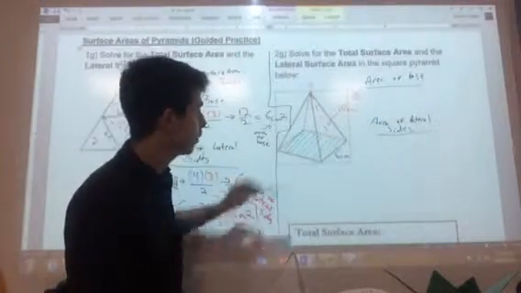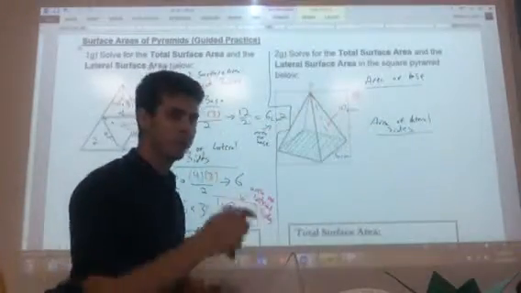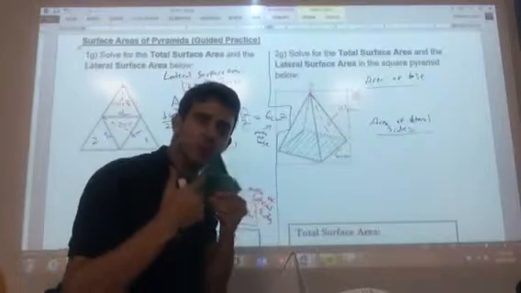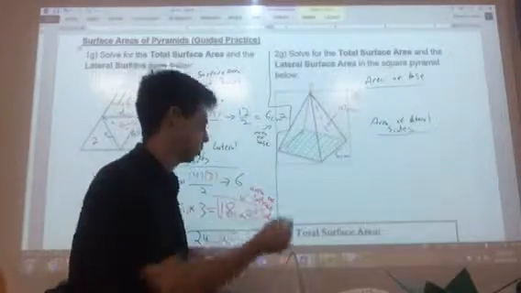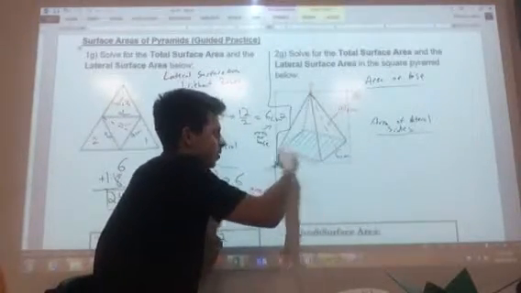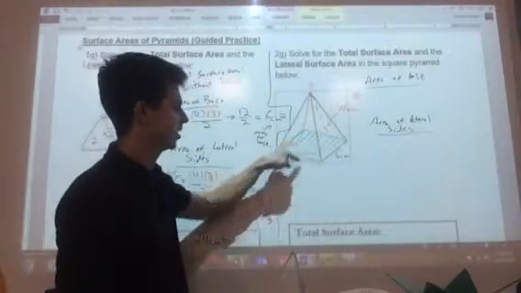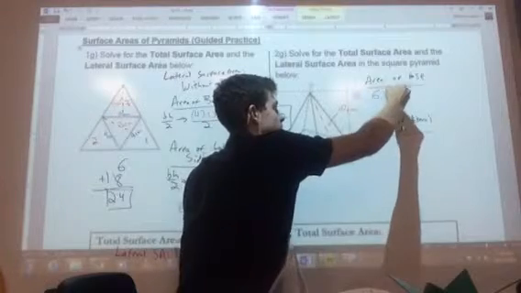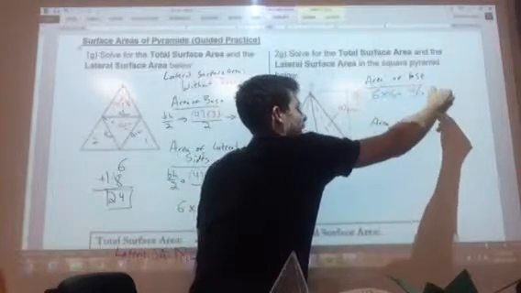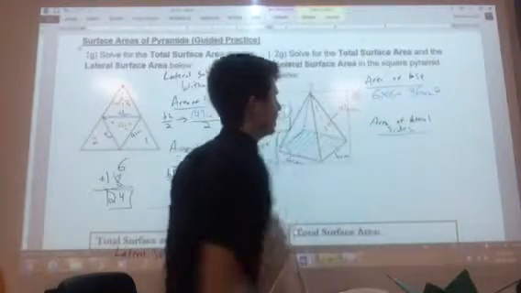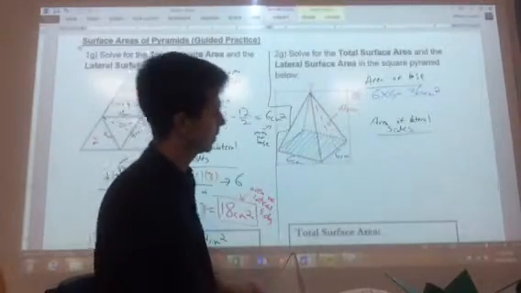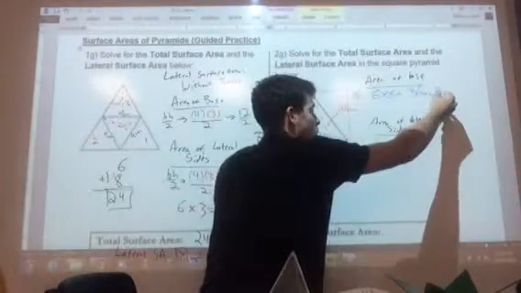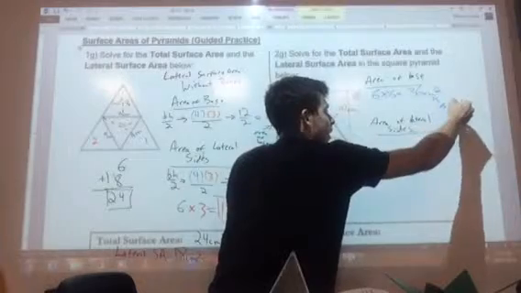Now, square pyramid, I know that the length must also be equal to the width, so I know that this is also 6 centimeters right here. Every single measurement around this square is the same. So the area of the base is just going to be 6 times 6, and that's equal to 36 centimeters squared.